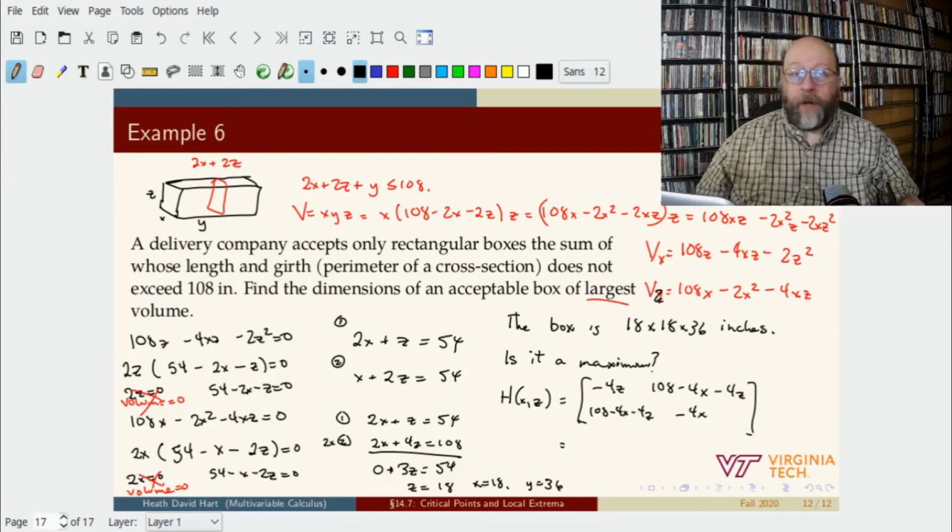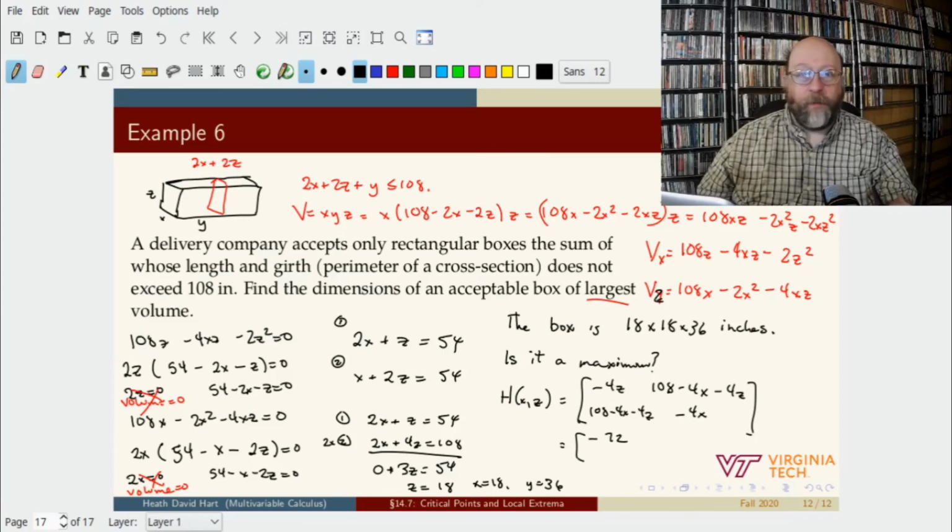But we know that z is equal to 18, so negative 4 times 18 is negative 72. And 108 minus 4 times 18 minus 4 times 18 again is, 8 times 18 is 144. 108 minus 144 is negative 36.